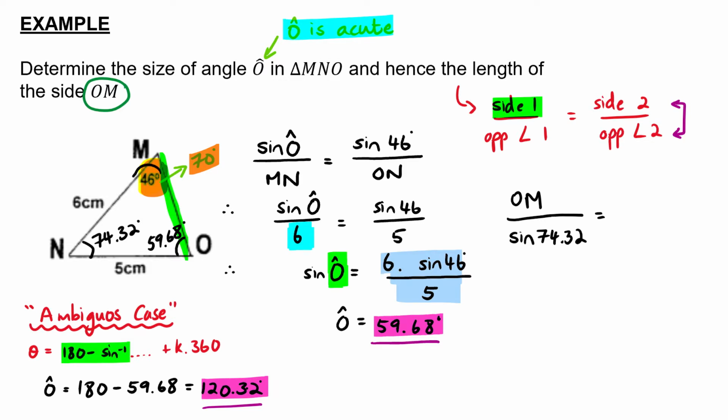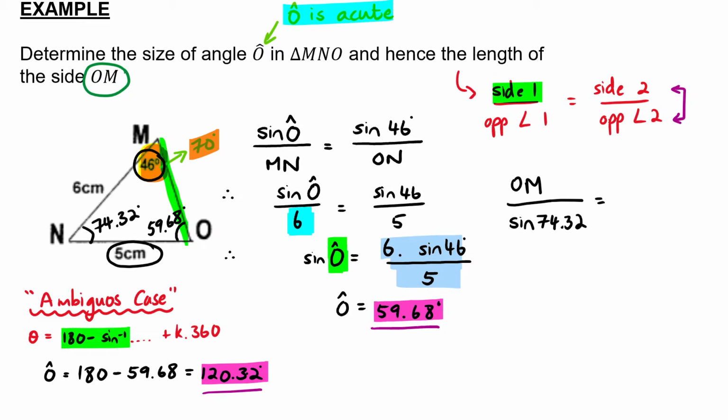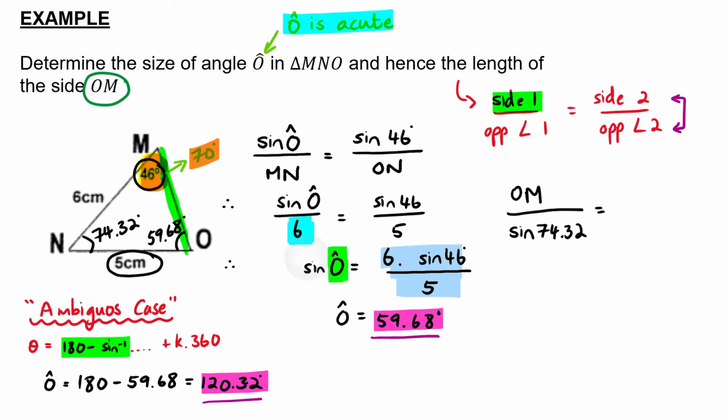Now I'm going to choose to use the 46 and the 5 because it was given to us. And I'd rather use that than the 59, because if I had by any chance made a mistake in the previous question, by not using that answer, I'm not going to carry that mistake through. So that would give us 5 centimeters over sine of 46.